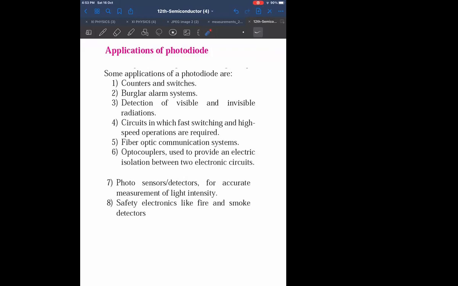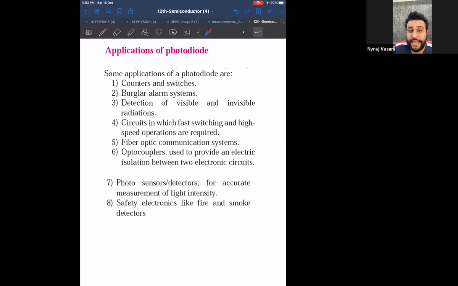Smartphone takes more energy, but just imagine a situation where you are able to place a photodiode on top of your mobile. Okay, just think about the situation. If you are able to place a photodiode on top of your mobile, imagine your own mobile display, that light it will take and it will power your own mobile.